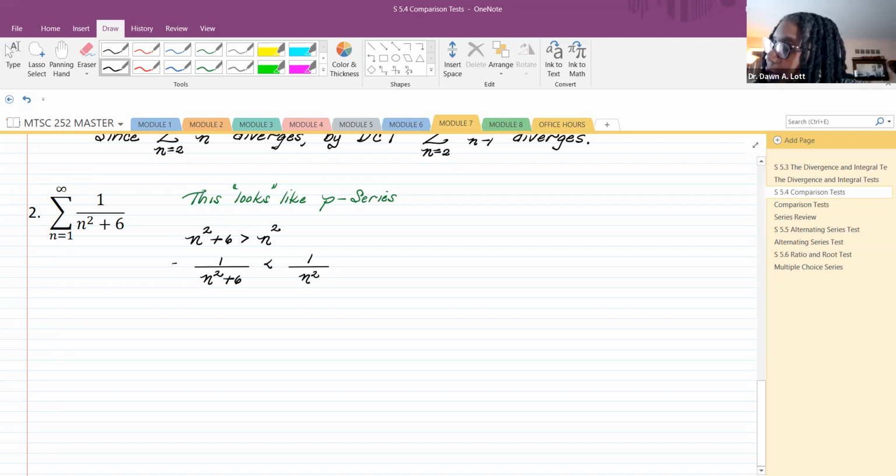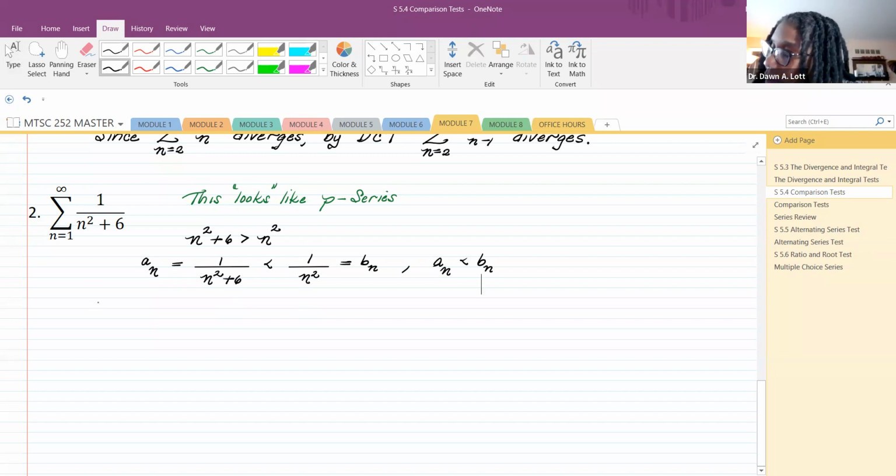So I'm going to let this be AN, and I'm going to let this be BN. Notice again, AN is less than BN. The series that I'm trying to figure out is AN, and since AN is the smaller one, I'm hoping that the bigger one converges.